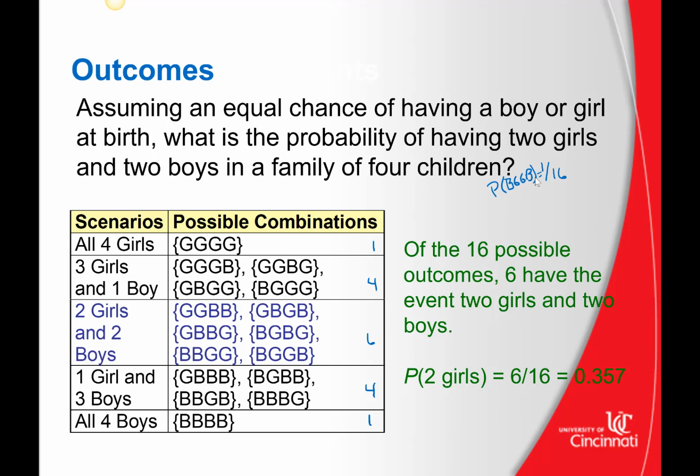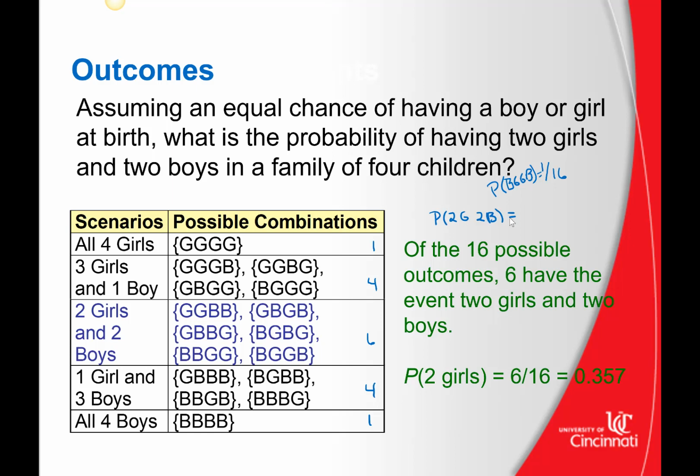Does this make sense? You could also change it up. Not worry about the birth order, but just ask, what is the probability of getting 2 girls and 2 boys? Which is what our family has. Now, a lot of people right away leap to 50% because it's half girls, half boys. Is it really a 50-50 chance that you're going to wind up with 2 girls and 2 boys in the family?